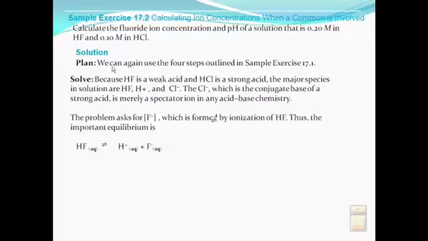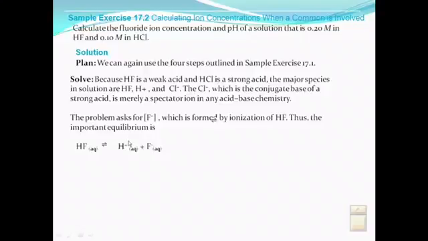So it sounds like the HF is kind of our main problem here. It says the problem asks for fluorine concentration, which is formed by the ionization of HF. Thus, the important equilibrium is this guy, your HF forming H+ and F-. Alright? So you always want to write the hydrogen ion in your product, just in case you were wondering, because we're trying to find the pH.